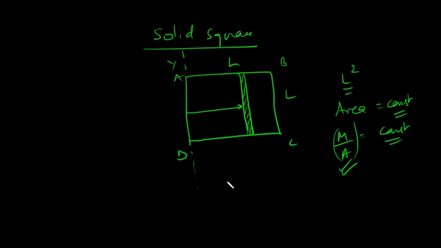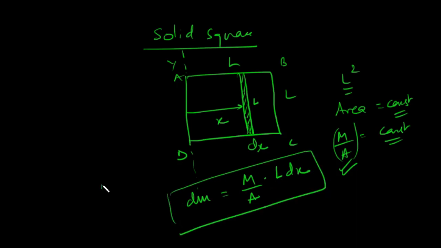The mass of this piece, which is of width dx, say dx at a distance x, and say the length of the strip is L and the width is dx. Alright. So this would be equal to m divided by A times the area of the strip. So this will be the elemental mass of the strip. Alright. And the area is L square over here. So dm would be equal to m divided by L into dx.